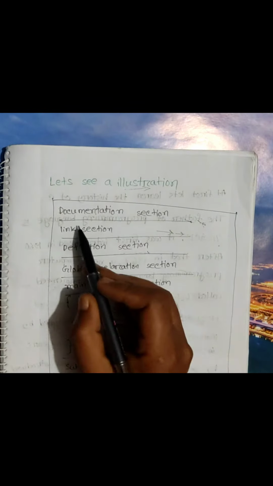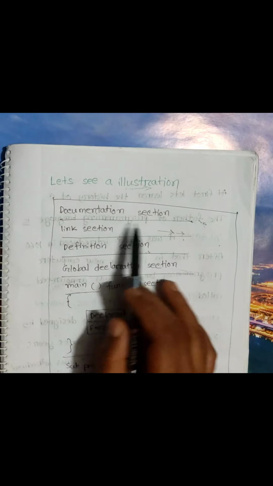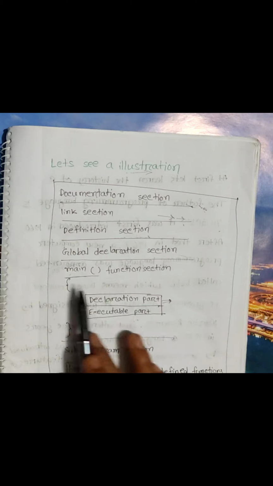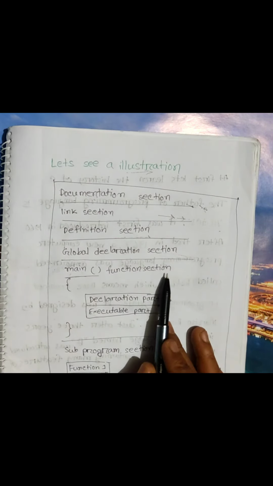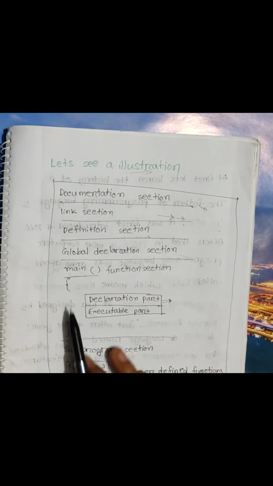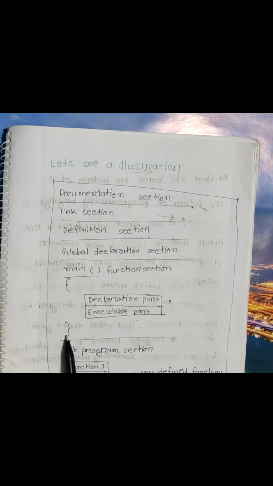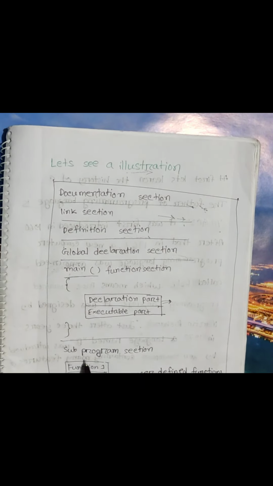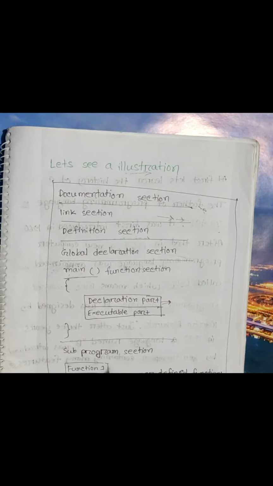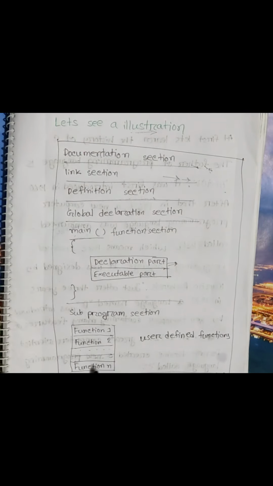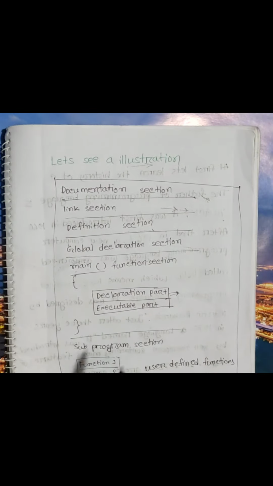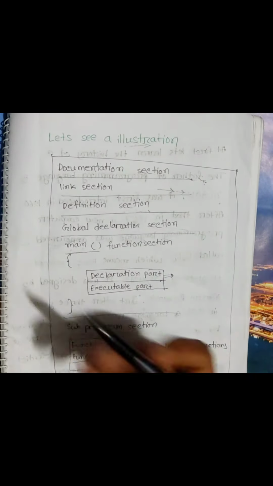You can see documentation section, link section, define section, global declaration section, main function section, second brace, second opening brace, second closing brace, declaration part, executable part, subprogram section, and function, user defined function. So let's discuss all these things.